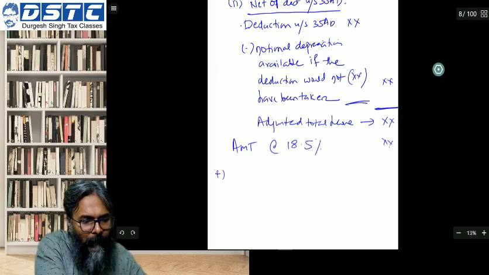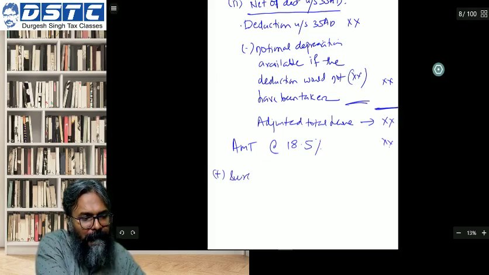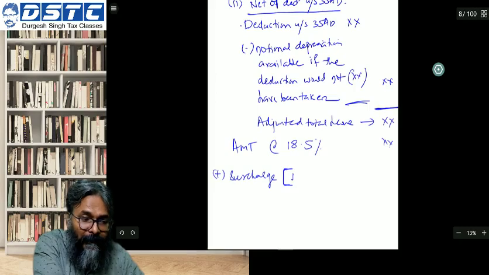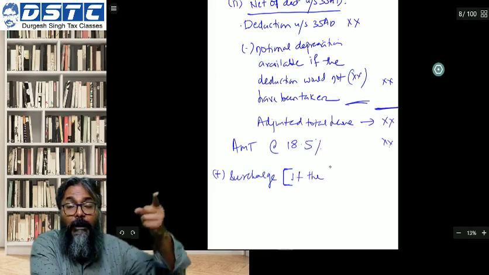Now on that you will add the surcharge. Here, students, that will depend upon the adjusted total income, which will be substituted instead of total income.